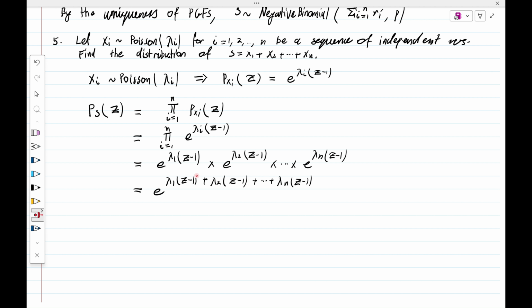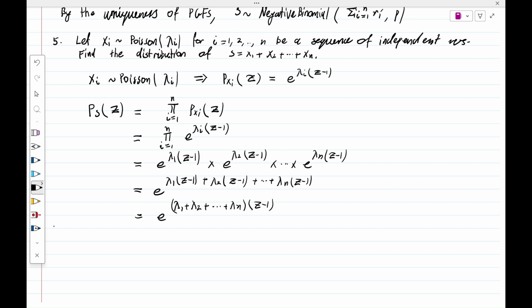Then we can recognize there's a z minus 1 as a common factor, which gives us e to the (lambda 1 plus lambda 2 plus ... plus lambda n) times (z - 1).